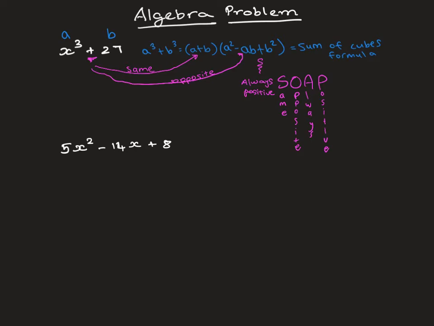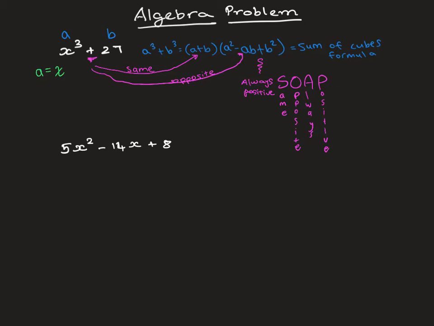So now let's solve this. You may see that x is cubed already, so a cubed means a is just equal to x. But now the b cubed value is 27, and there's no cube shown. So we have to find what number cubed equals 27.